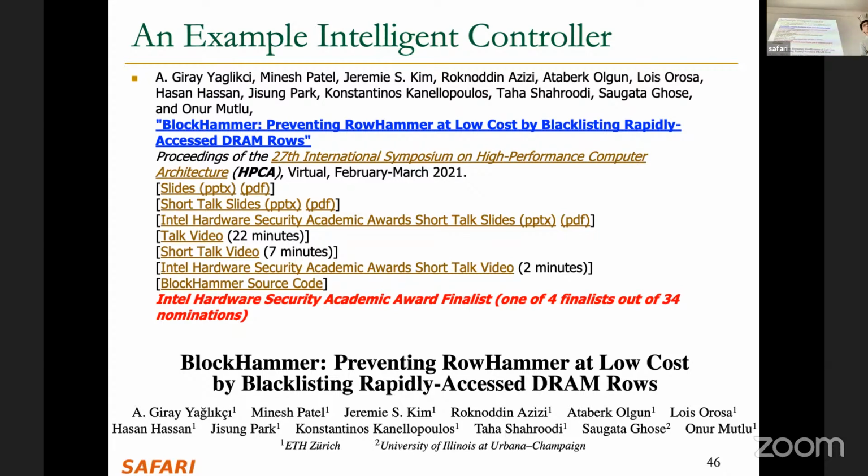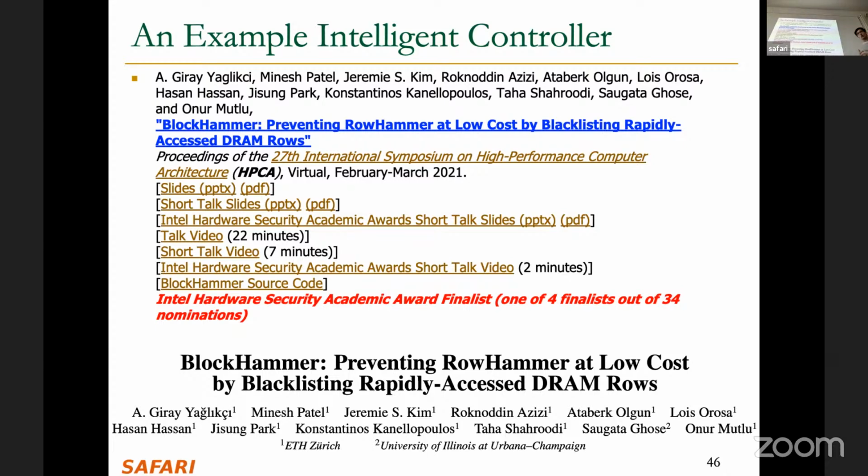If you have an intelligent controller, such as the one that Giray, one of the TAs of this course, and other people in the group presented a couple of years ago, this controller is able to identify when one specific application is trying to attack other applications by repeatedly accessing certain rows, and that way causing RowHammer bit flips.